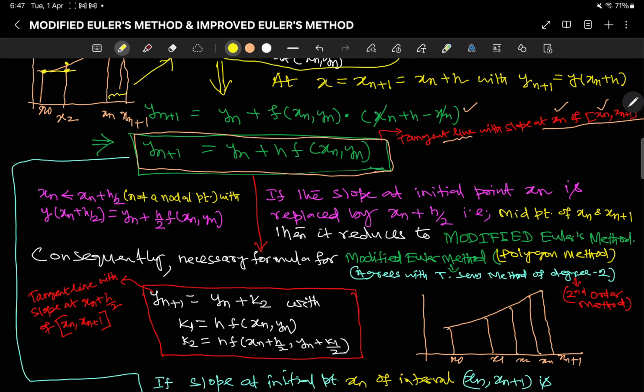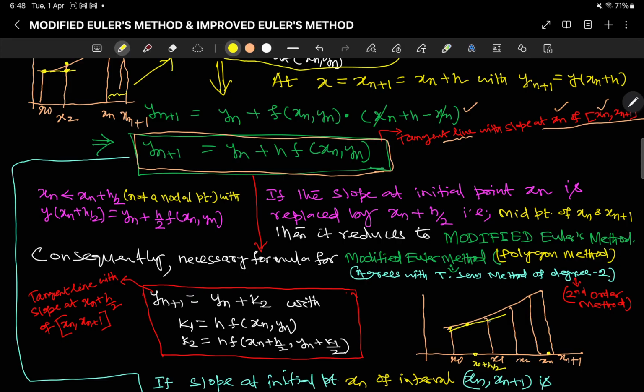So you see, in the modified method, what are we doing? In the modified method, we take a midpoint. Suppose you are considering the initial interval. Likewise, we can consider the final interval xn plus 1. Here the spacing is equal. This point is x0 plus h by 2. If instead of drawing the tangent at the initial point, I draw the tangent at this midpoint, then what am I getting?